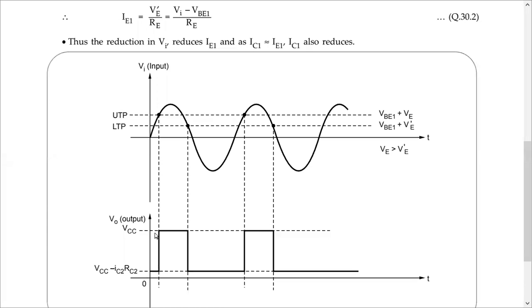Then when the input reduces, even though it has reached the upper threshold point, switching doesn't happen here. Only when the input reaches the lower threshold point does the switching happen. The circuit is designed in that manner.